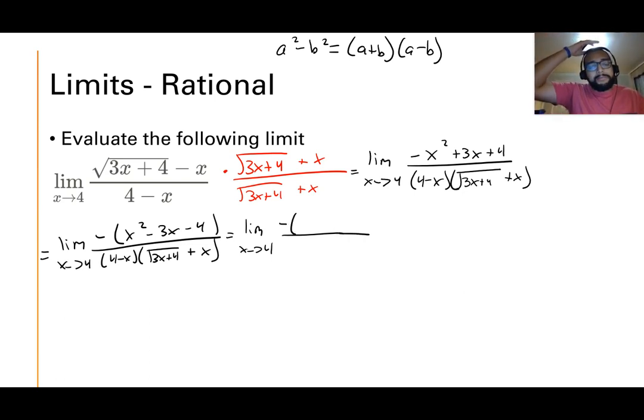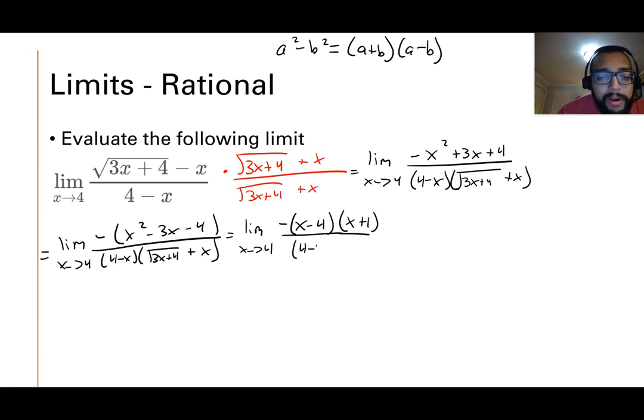With this here, we need two numbers that multiply to negative 4 but add up to negative 3. So the numerator is x minus 4 times x plus 1, and on the bottom is 4 minus x times the square root of 3x plus 4 plus x.